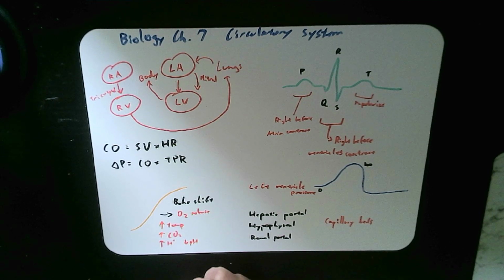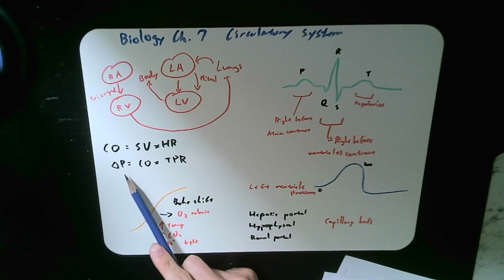Typically, blood pressure is displayed as your systolic pressure over your diastolic pressure. Systolic is when the ventricles contract, and it's roughly about 100 over 60, or 120 over 80. That's like the general good range. This is your pressure differential.